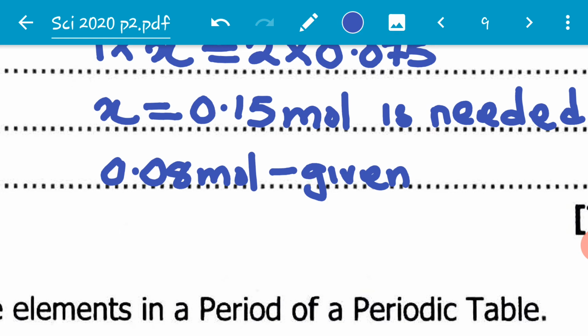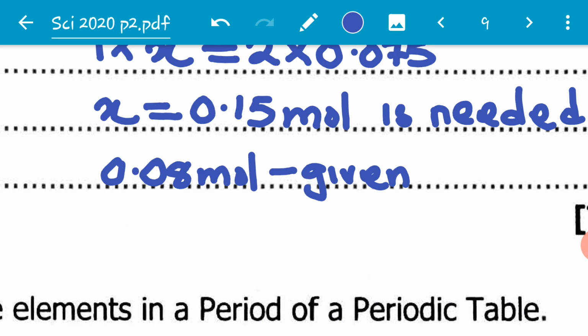If what is needed is more than what we've been given, it means this will finish before the reaction ends. So hence, this is the limiting reagent.